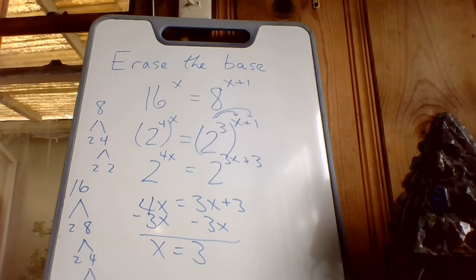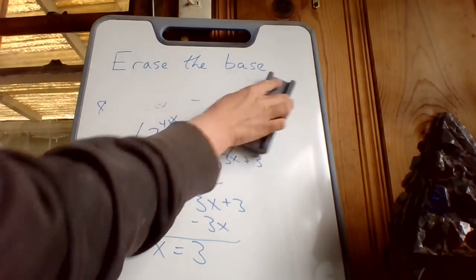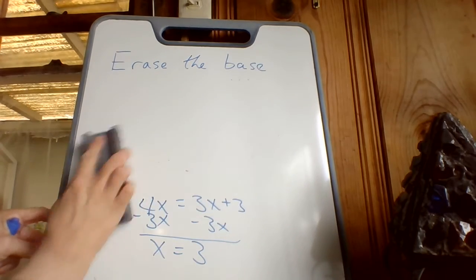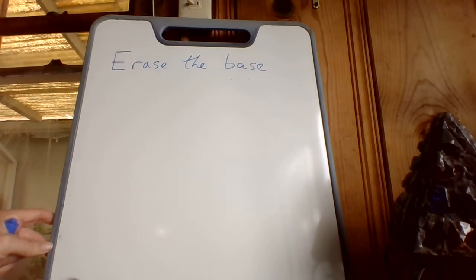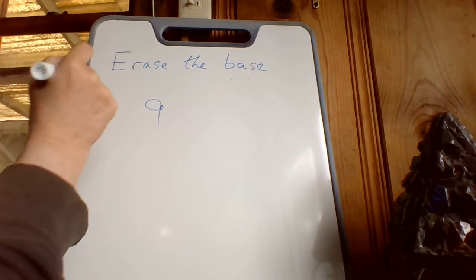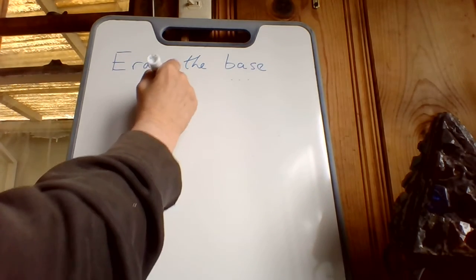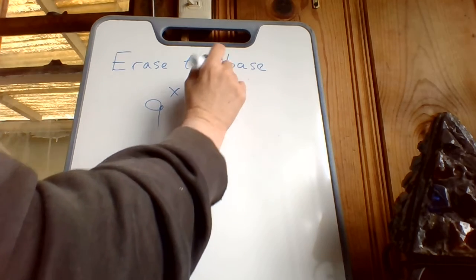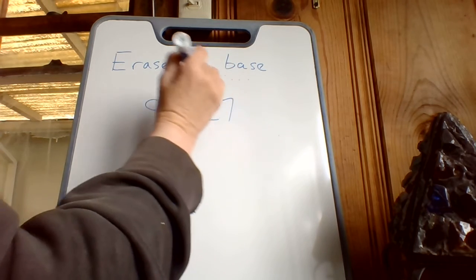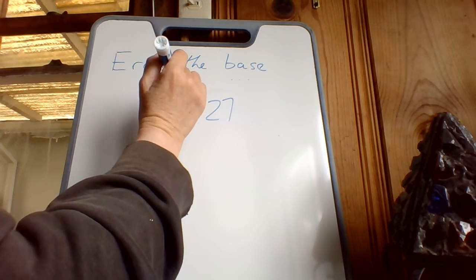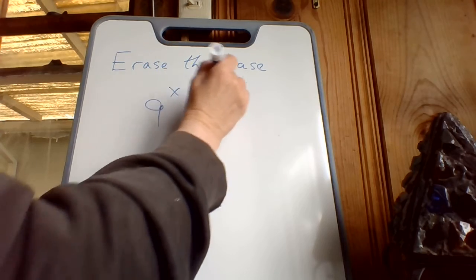All right, one more with a different base so that we just get used to the fact there could be different bases. 9 to the x, 27 to the x minus 1.